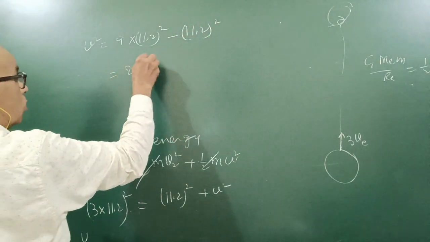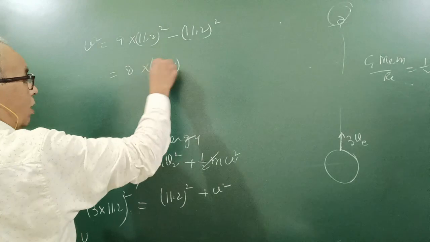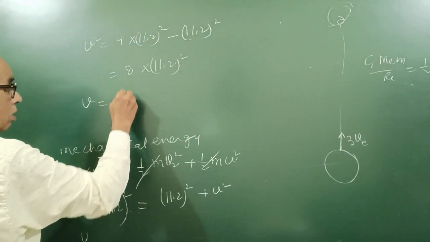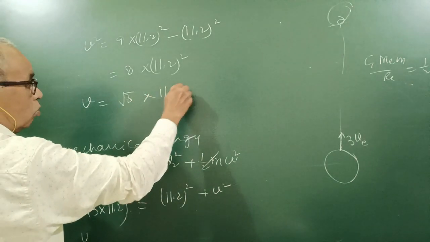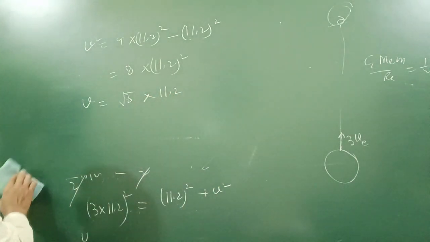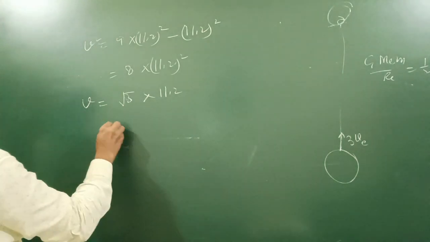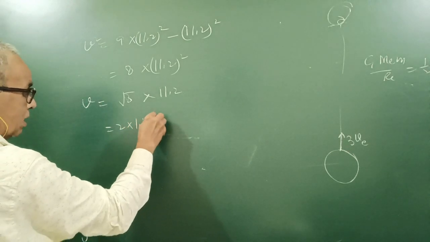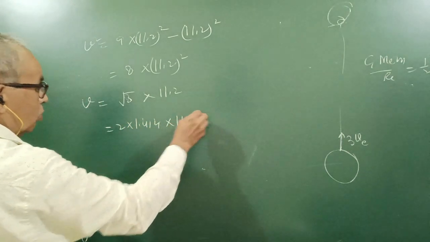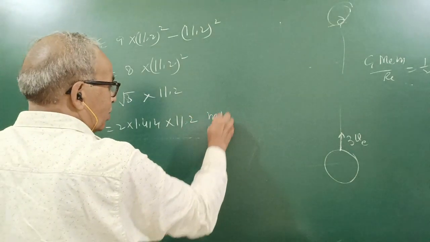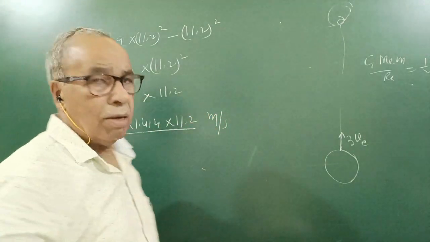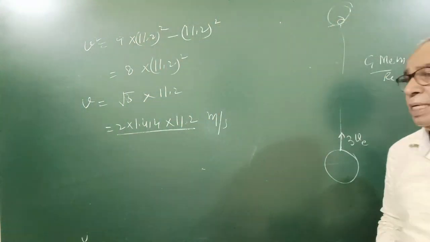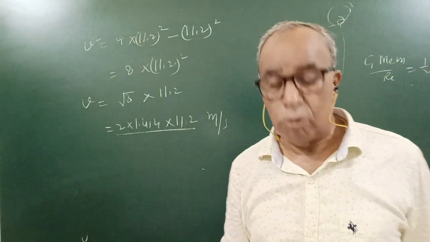It is 8 into 11.2 whole square. So v is equal to under root 8 into 11.2, root 8 means 2 root 2, 2 into 1.414 into 11.2. You can multiply it. This meter per second will be the velocity of the body beyond the pull of Earth when the body is thrown from the surface with thrice the escape velocity.